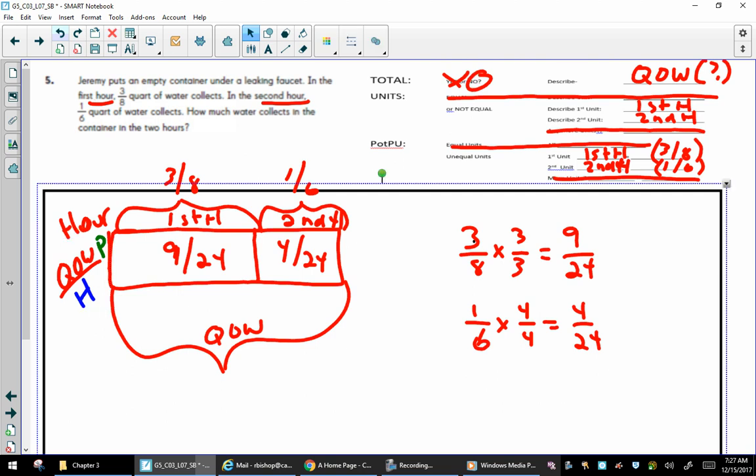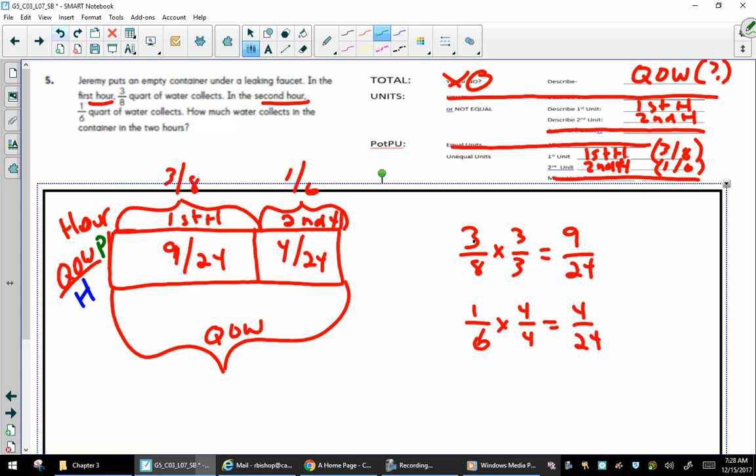Okay, so if I have no total, I go down the side of the dichotomous key that shows me that I don't have a total. I then say, do I have equal parts or unequal parts? Unequal units or equal units, and I say that I have unequal units.